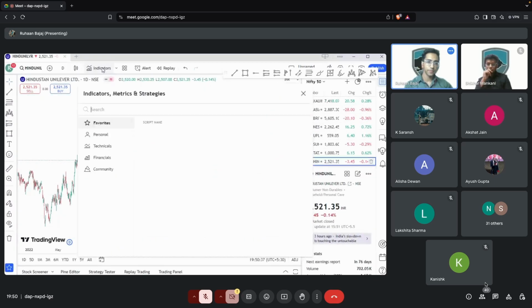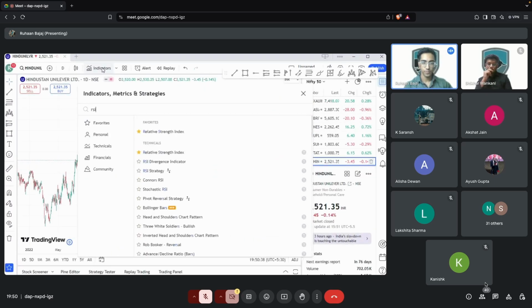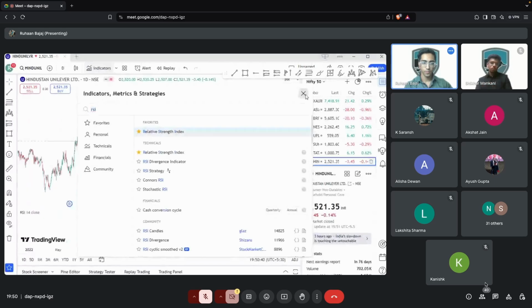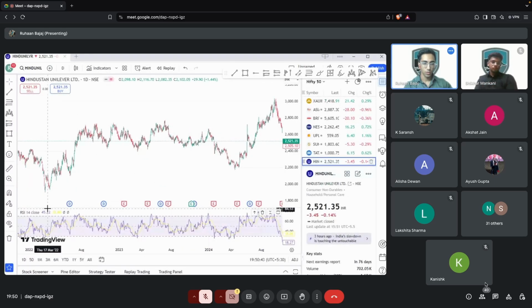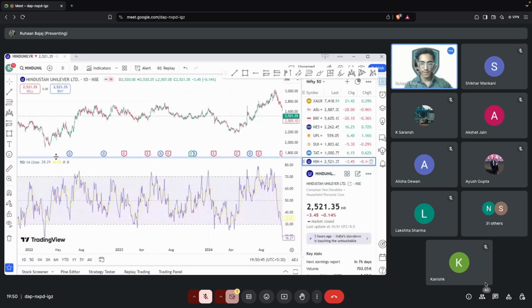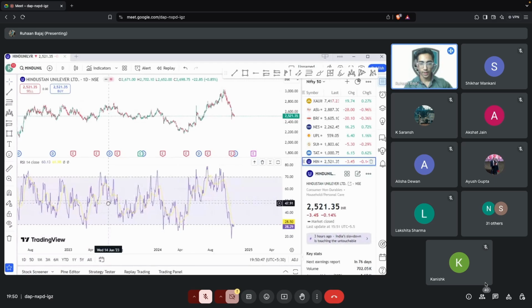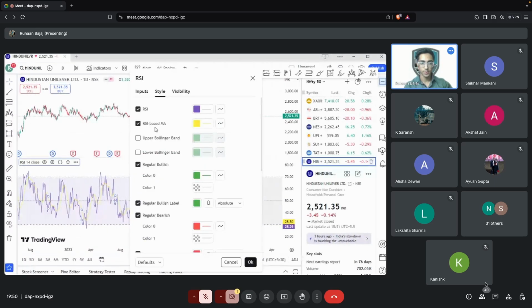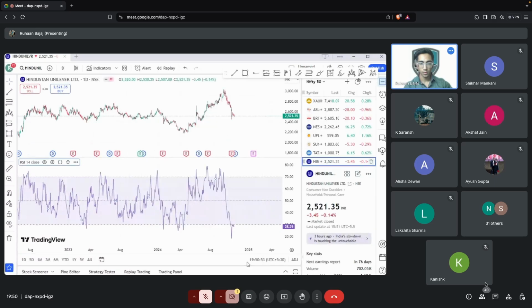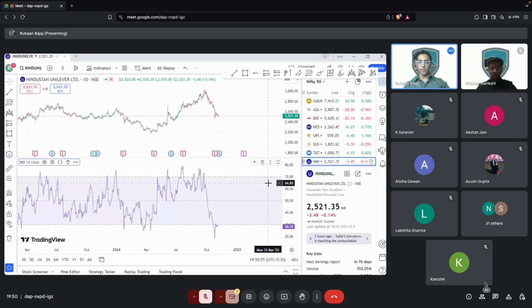I'll add RSI. So what you are seeing here currently is what is called an RSI, Relative Strength Index.